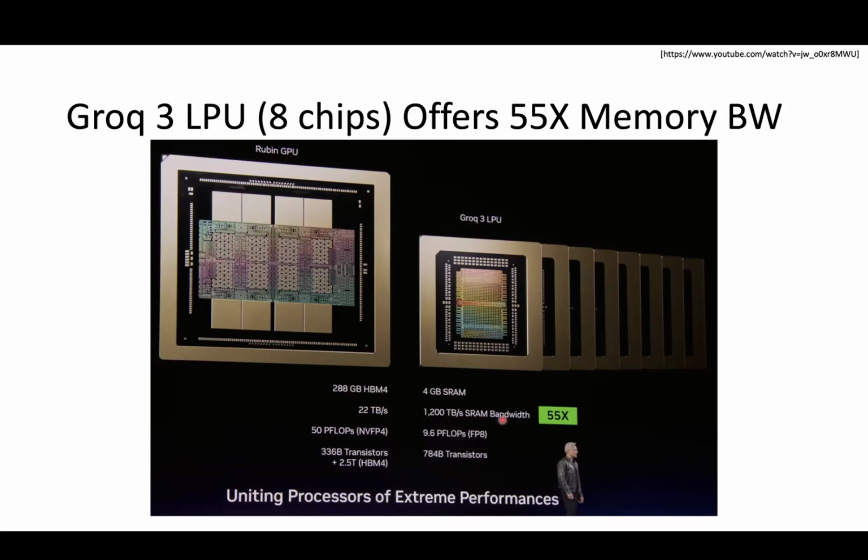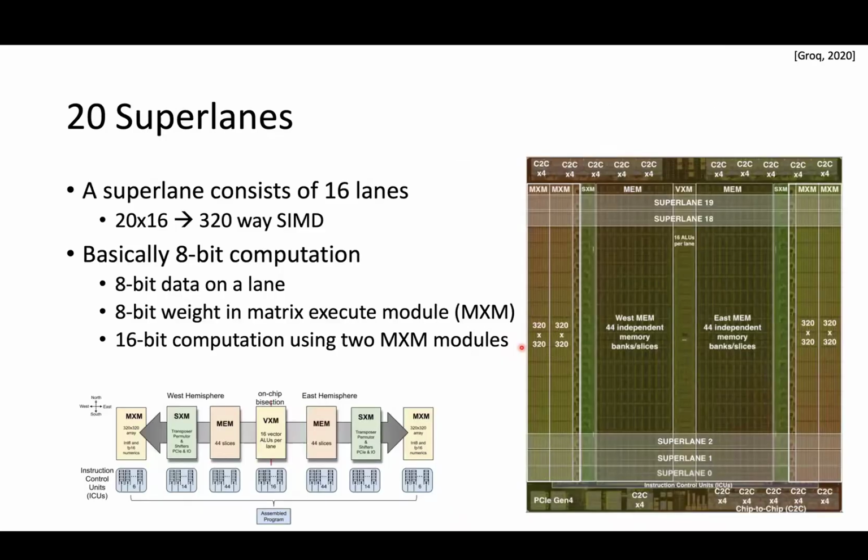In this one, 8 LPUs provide 55 times larger on-chip memory bandwidths than HBM bandwidths. By exploiting such a high memory bandwidth, they can accelerate feed-forward network execution. Feed-forward network execution is basically matrix vector multiplication. So by exploiting large on-chip memory bandwidths, they can accelerate matrix vector multiplication.